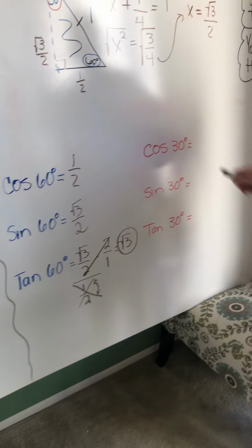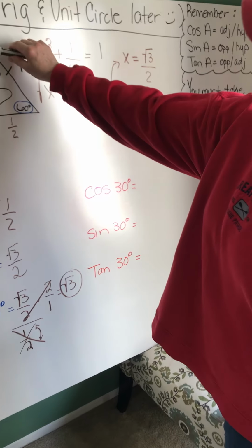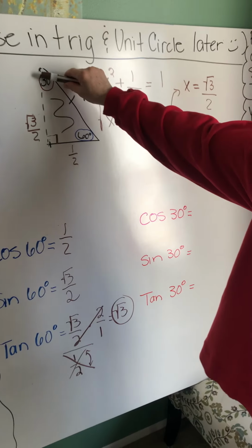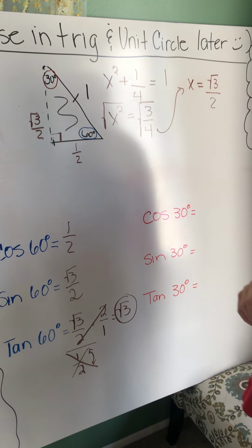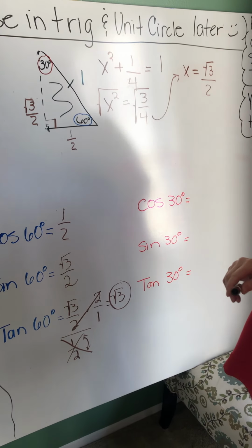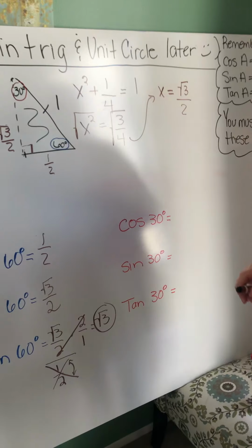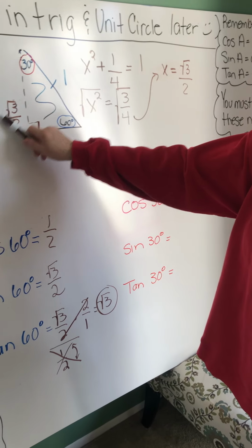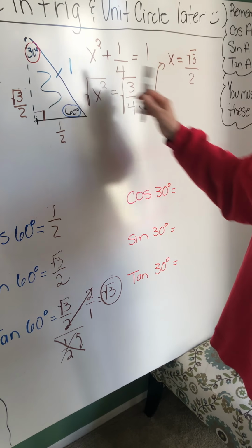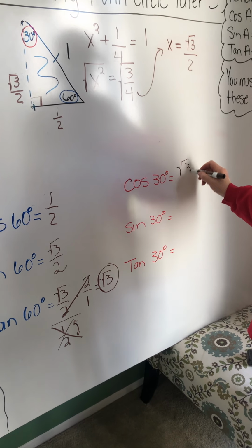Let's go over to cosine of 30 degrees. So we're adjusting our focus to the angle at the top now and renaming the sides opposite and adjacent, and of course the hypotenuse is the same. There we go. So let's do cosine of 30 degrees. Cosine of 30 degrees would be adjacent over hypotenuse. Notice that would be the square root of 3/2.